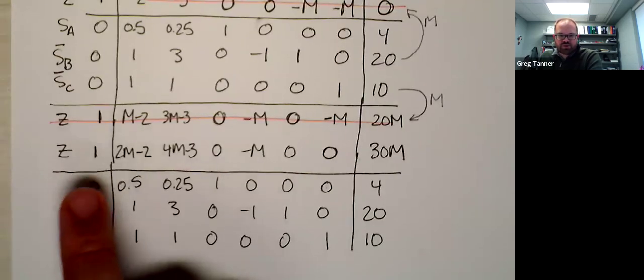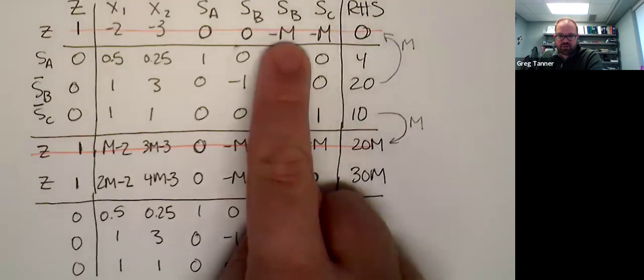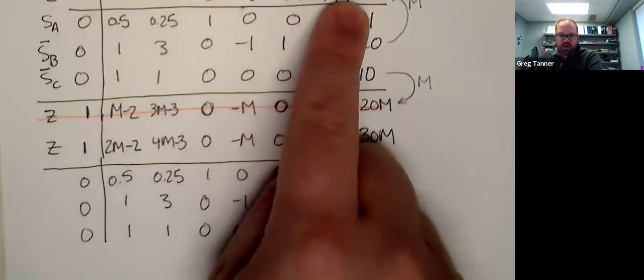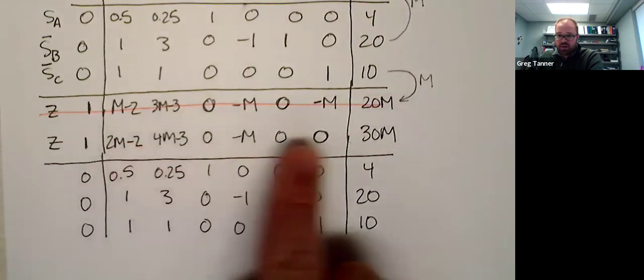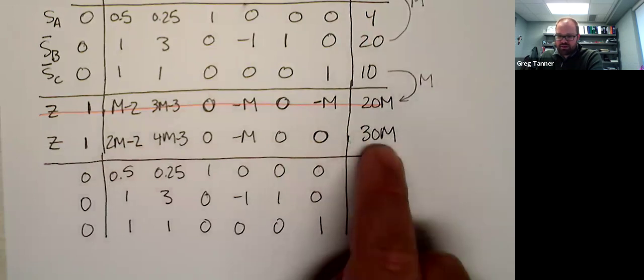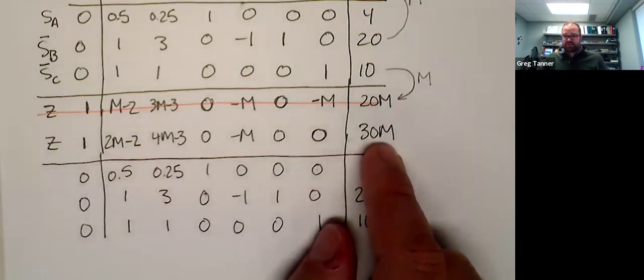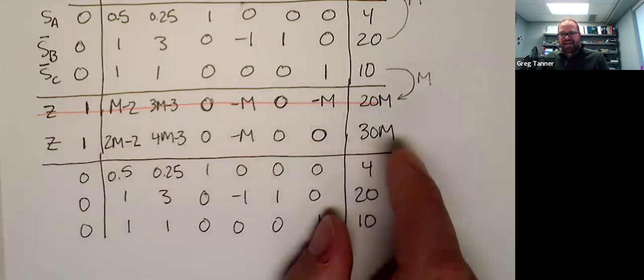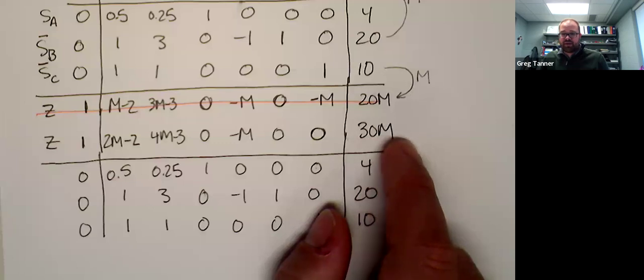We essentially modified this top row to get zeros here and here because there originally were negative big M's there. The result is that we got some big M's other places in the top row. And maybe the thing to be aware of is this is a minimization problem, so we want to make this as small as possible. But now our starting objective value is 30 times a big number.